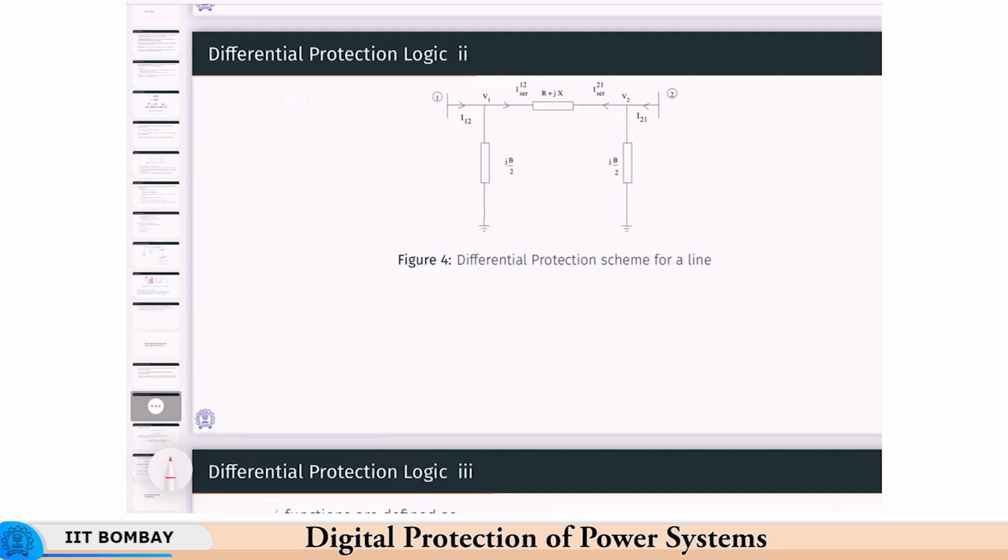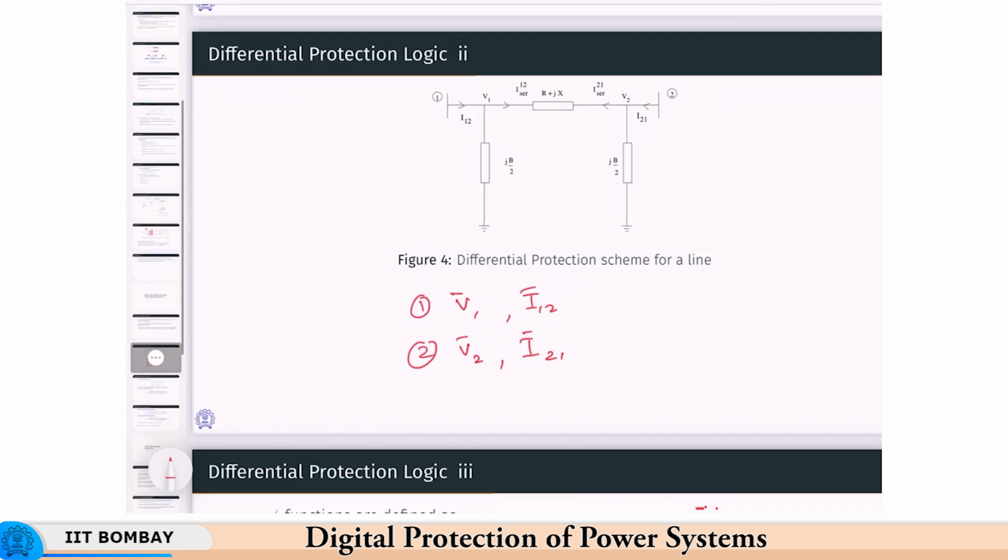The line is between buses 1 and 2. So, the PMU at 1 will measure V1 and I12. The PMU at 2 will measure V2 and I21. Okay. And the difference between I12 and I21 will be in the charging currents only. Okay. So, it is designated as I12 series and I21 series current, because there will be some shunt component also.